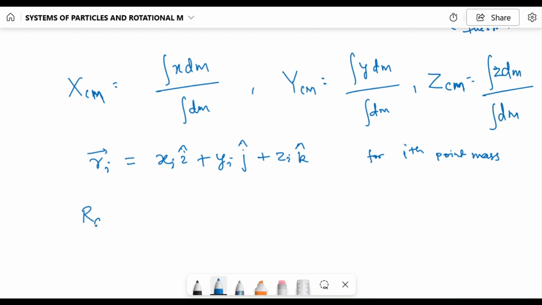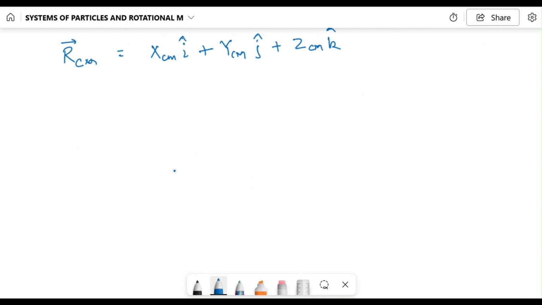Now, if we say this is the position vector for the center of mass, then we will have Xcm i cap plus Ycm j cap, this should be capital as per our notation, plus capital Zcm k cap. And then we will have a common formula for the center of mass. If we want to write the Rcm in vector notation, we will have this one.